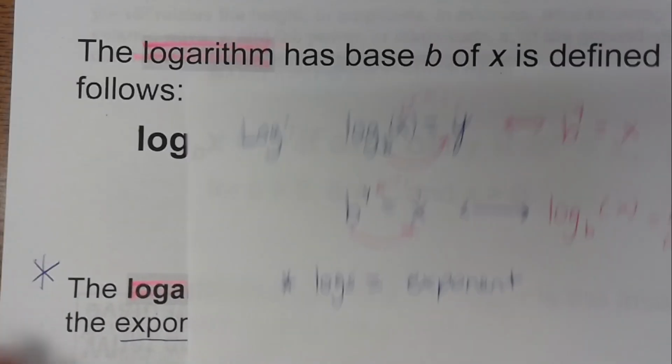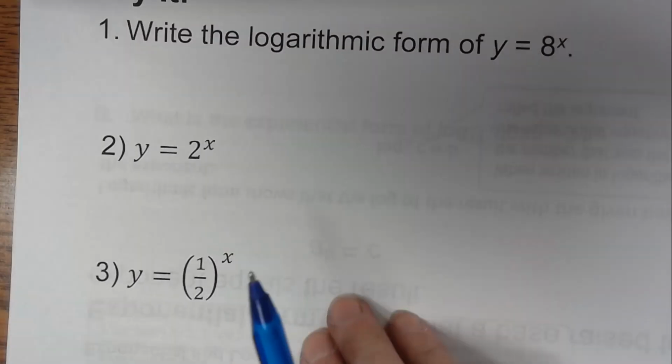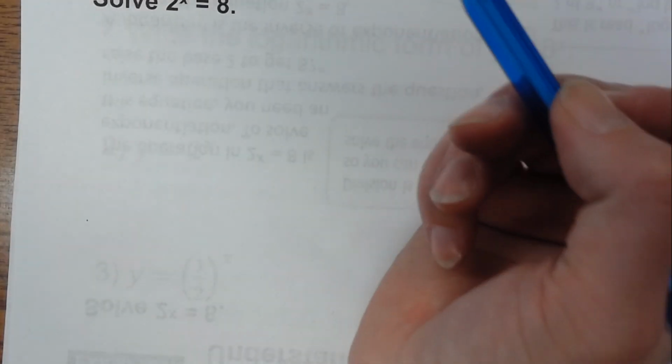So first example. We're going to write this in log form. Okay, so with this, if we were to solve this, you might know this: 2 raised to what gives you 8.